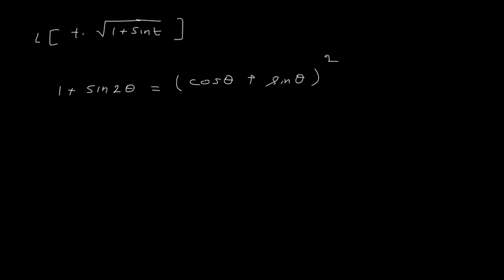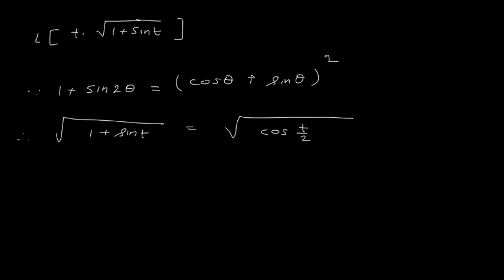So we know this formula, therefore root of 1 plus sin t, I will write as square root of cos t by 2 plus sin t by 2 the whole square, and then this square root will go off, so I have cos t by 2 plus sin t by 2.